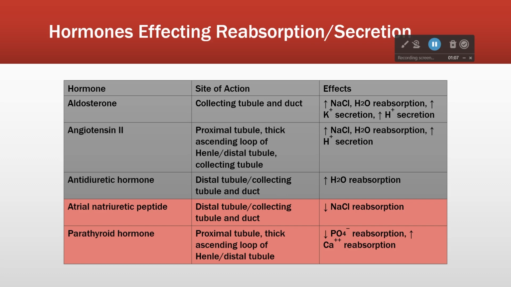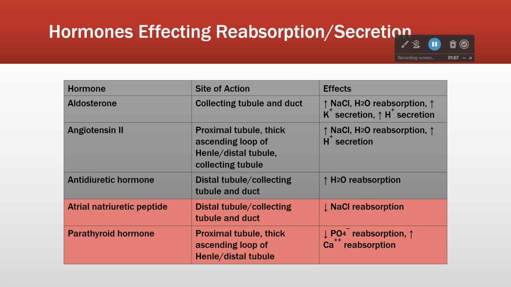Antidiuretic hormone works to increase water reabsorption, particularly in the collecting system. And then our atrial natriuretic peptide, remember, that comes from the atria when your venous return is too high, right? Atria gets stretched, releases ANP. It's a sign of too high plasma volume, right?